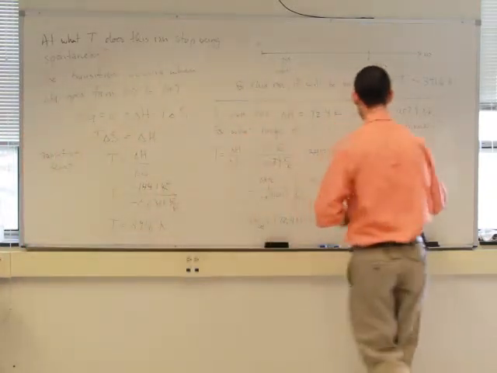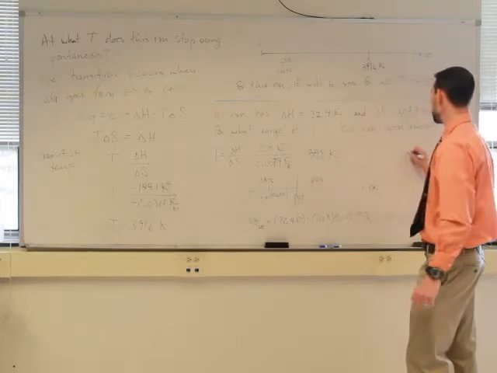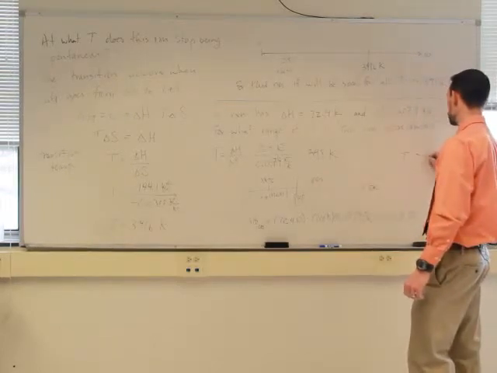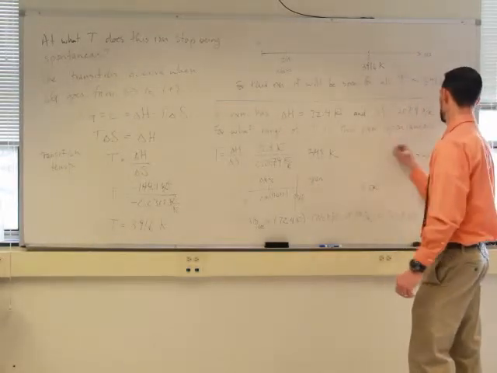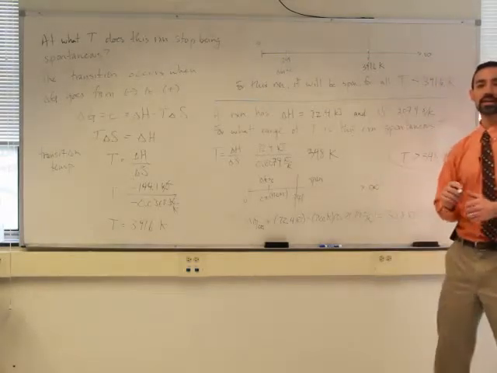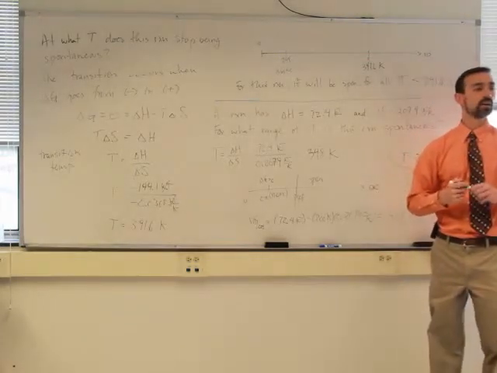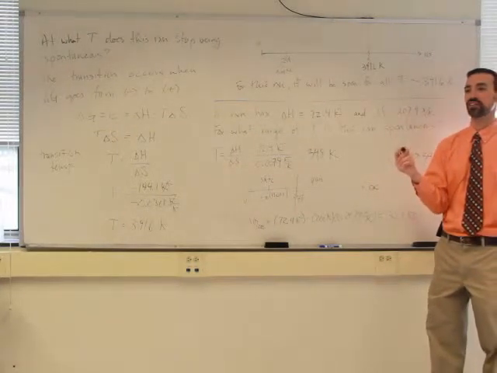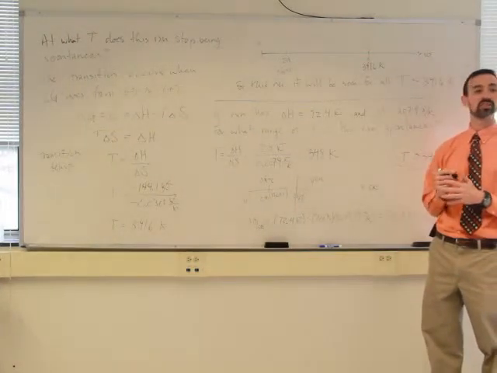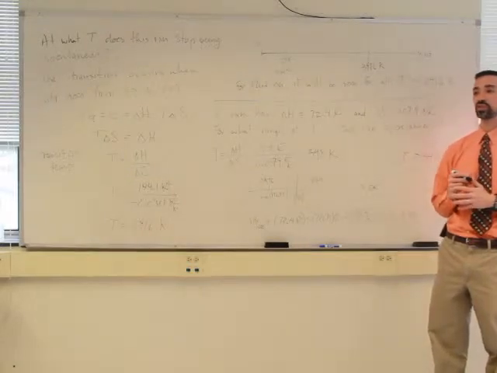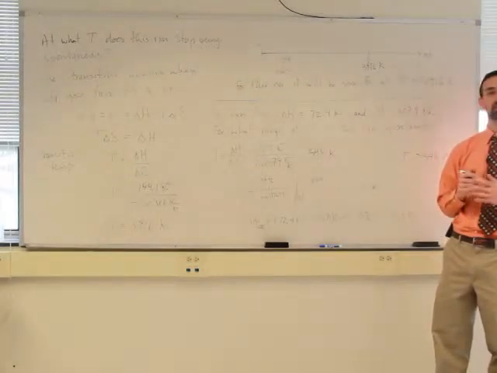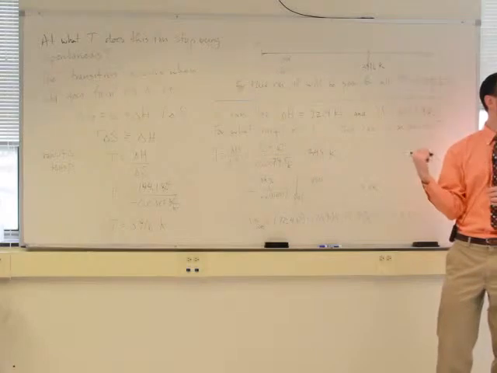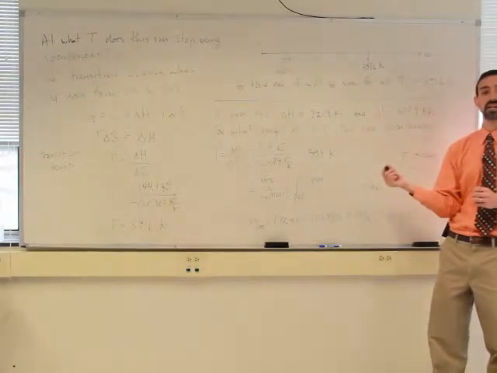So the answer to this question is, this reaction is spontaneous for all temperatures greater than 348 Kelvin. If you really want to be sure, you can test 400, test 500. You should get negative values for delta G for those conditions. All right, so you'll have proven both sides of it. But really, you should only need a test on one side or the other.